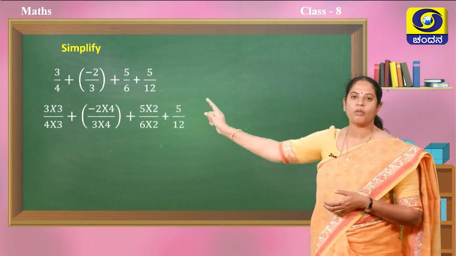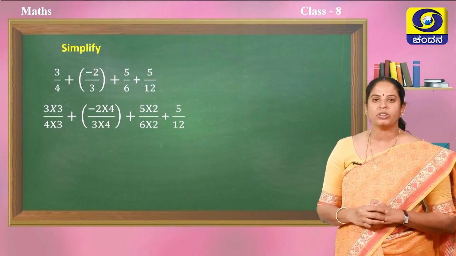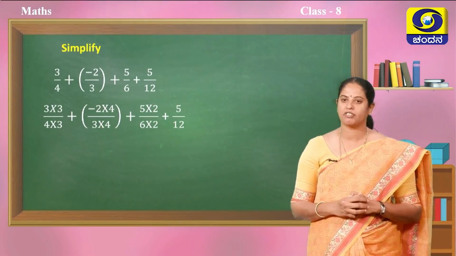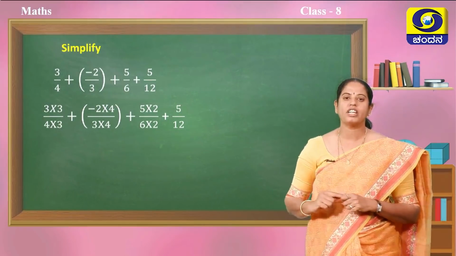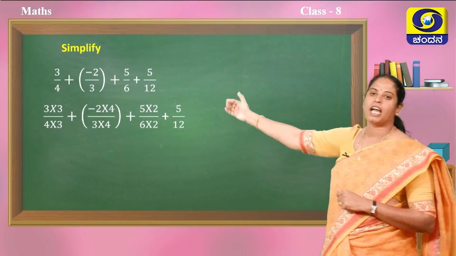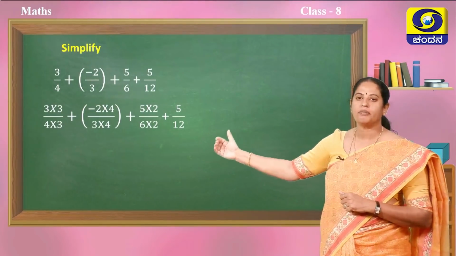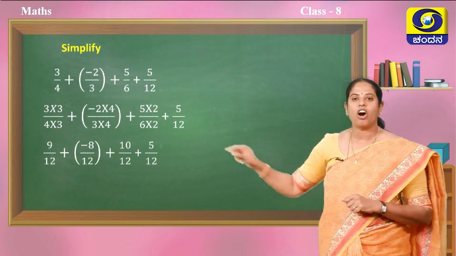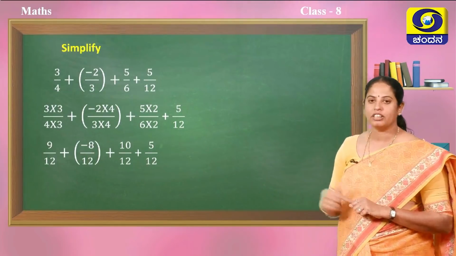I have one problem for you, that is, here I have rational numbers. So 3 by 4 plus of minus 2 by 3 plus 5 by 6 plus 5 by 12, we have to simplify. Before simplification, first observe the denominators. All the denominators are different. I am making the denominators equal by writing the equivalent fraction. So I am making all the 4 rational numbers denominators as 12, you are observing.